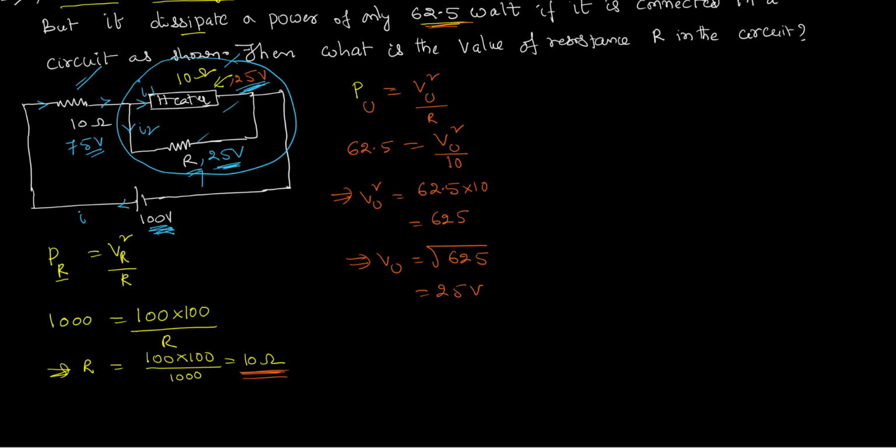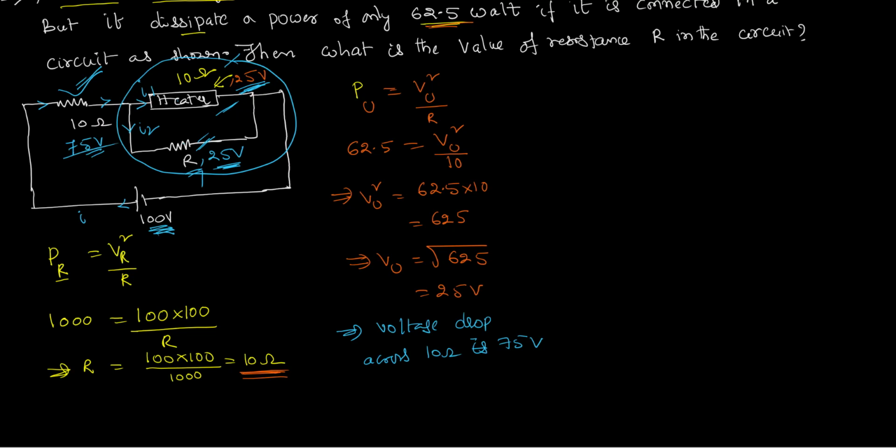As I am repeatedly telling you, heater and this resistance are in parallel, therefore voltage drop across them is the same, 25 volts itself. So what I have calculated now, voltage drop across 10 ohms resistance is 75 volts.